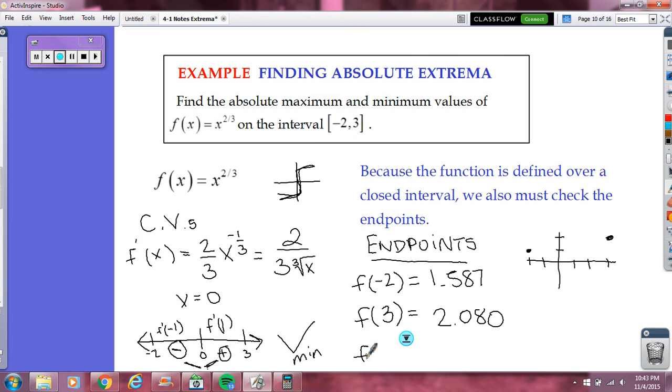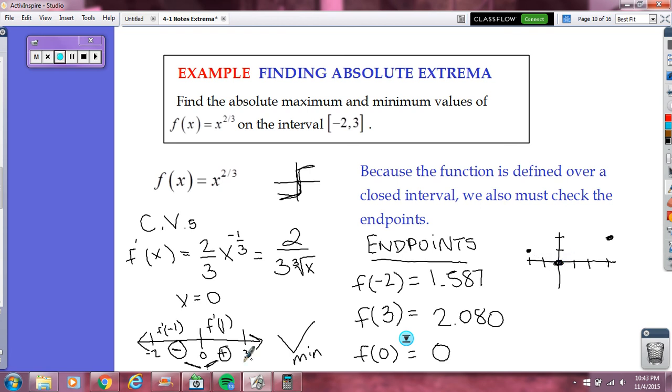So x equals 0, I'm going to add it to my list of possibilities over here. The y value that goes with 0, plugging into the original now, is 0 from my original function. So I've got another point that I can put on my graph.